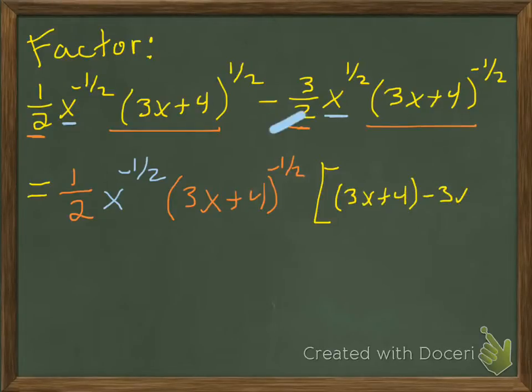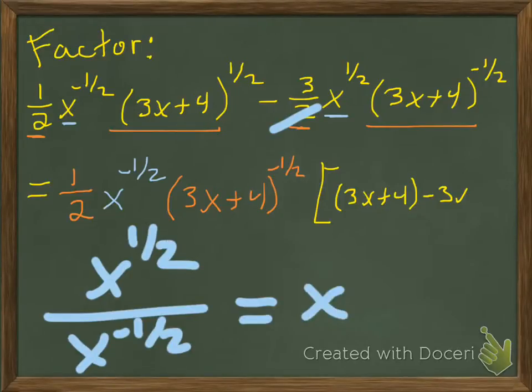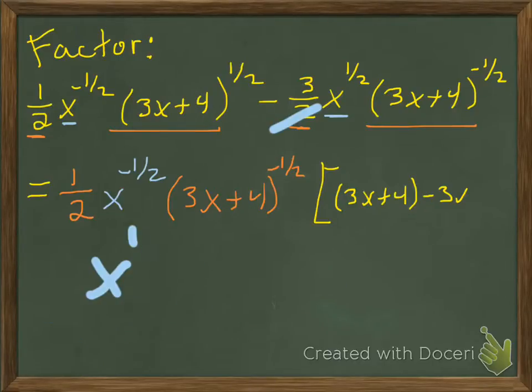We removed the 1/2, so we just have 3. And we just had the discussion of x to the 1/2 divided by x to the minus 1/2. That was just x, so we're going to have a 3x there. And then finally, when we factor out the (3x plus 4) to the minus 1/2, that's going to eliminate that term there.